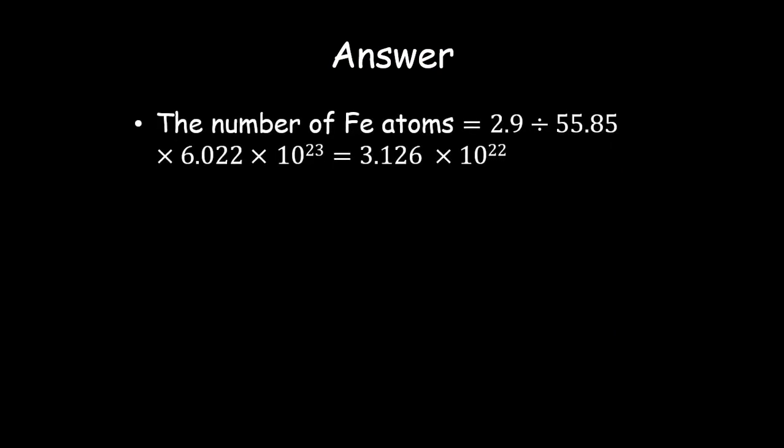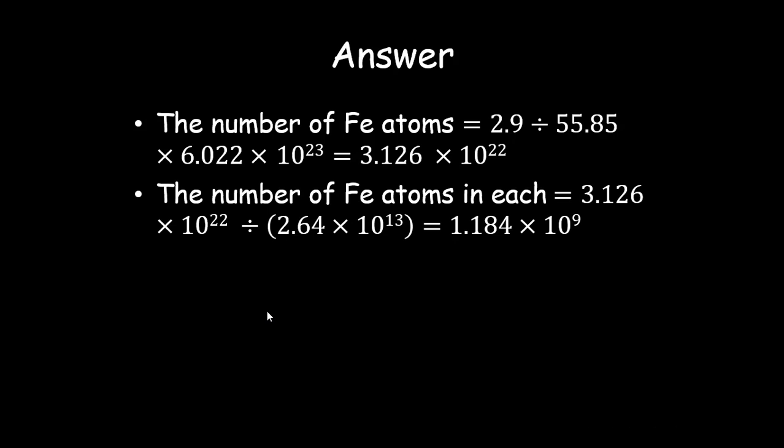Try to solve the question. And here we go again. The number of Fe atoms equals 2.9 divided by 55.85 times 6.022 times 10 power 23. We said the amount of iron in the human body divided by the mass number of the iron times 6.022 times 10 power 23, which is the mole, equals 3.126 times 10 power 22.